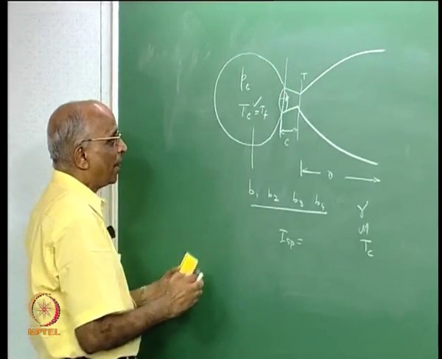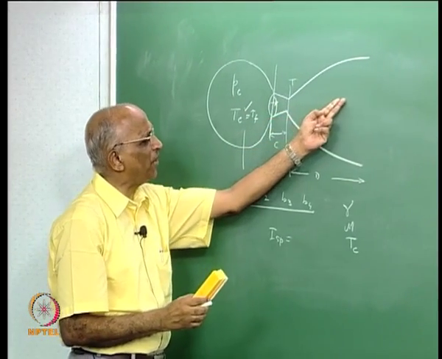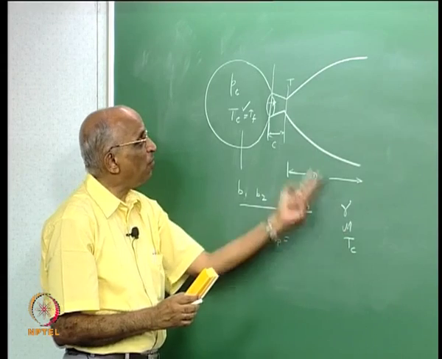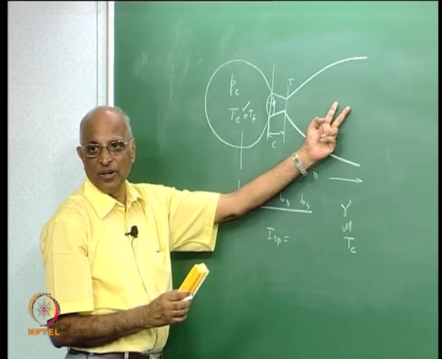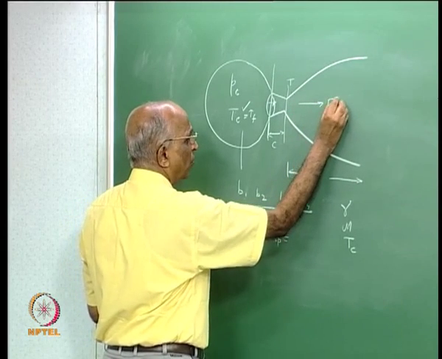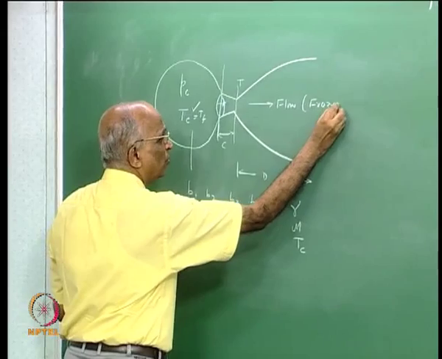In other words, I assume that the composition, the value of gamma and the value of molecular mass remain the same everywhere. That means the flow through the nozzle is taking place as if the composition were frozen.